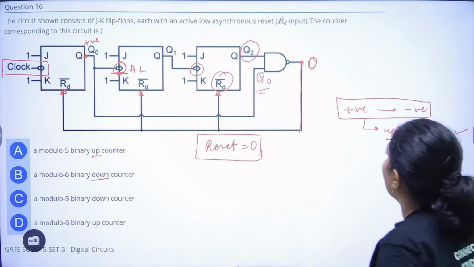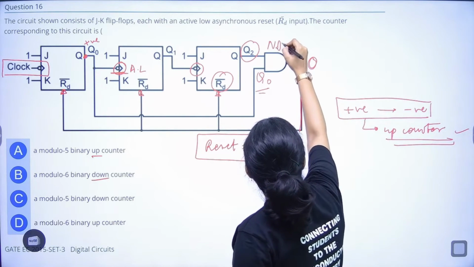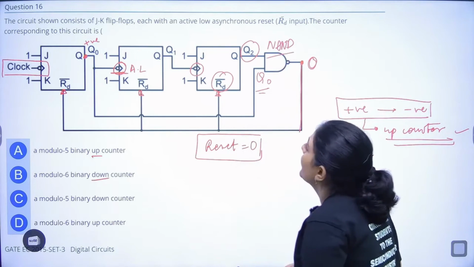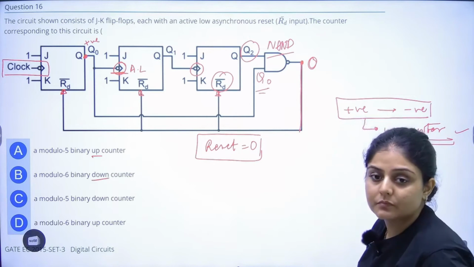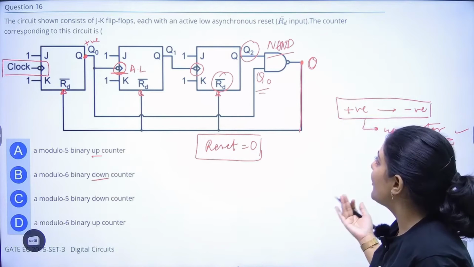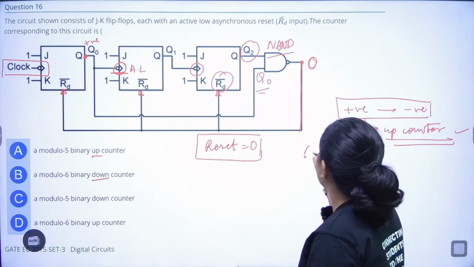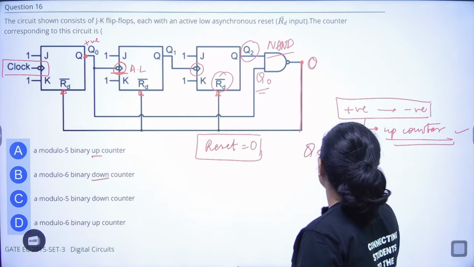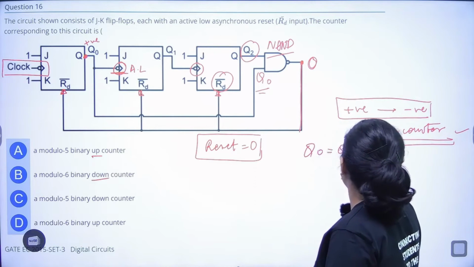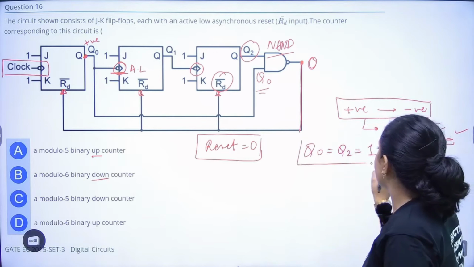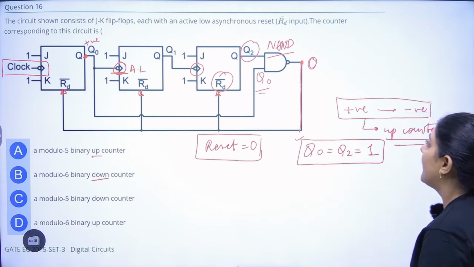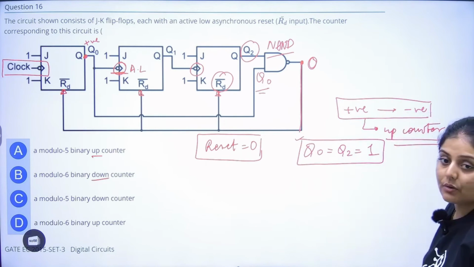This is a NAND gate. The input values are Q2 and Q0, right? And we have to make the output 0. So what should be the value? It should be Q0 equal to Q2 equal to 1. If we achieve this, we will get output equal to 0 and it will reset.